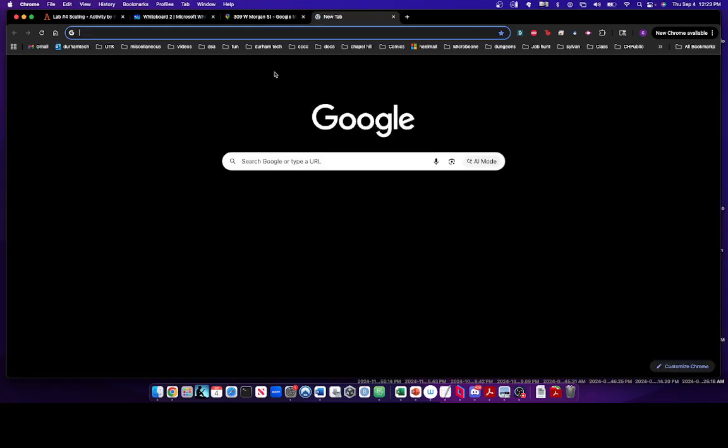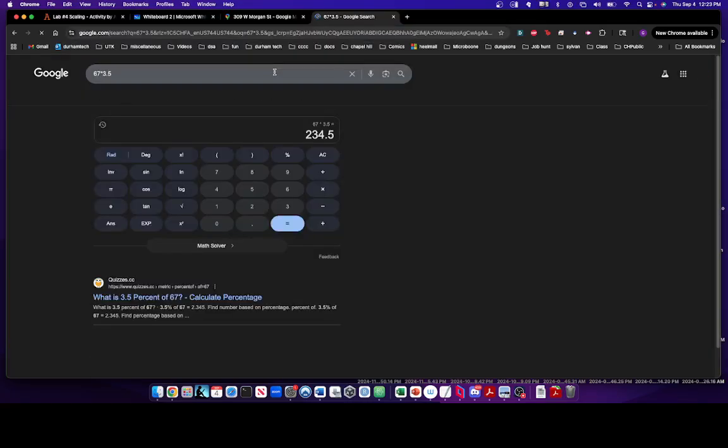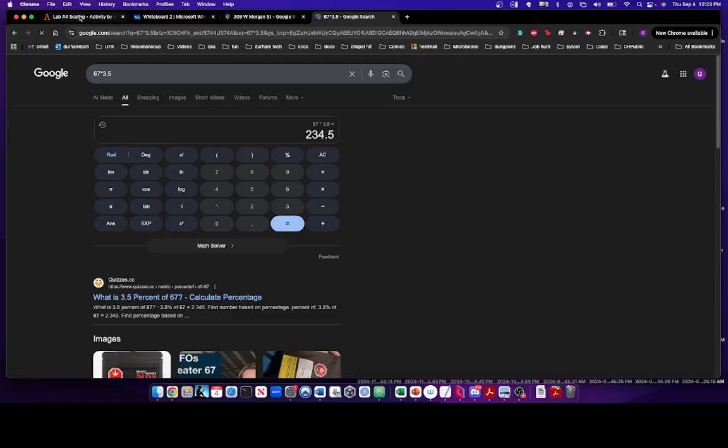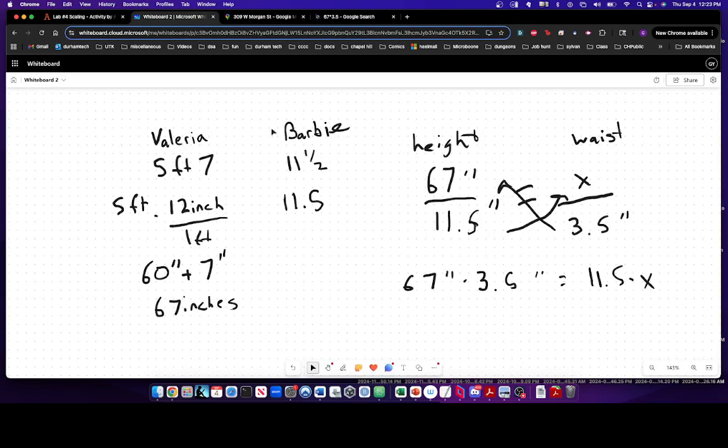We can get 67 times 3.5, and get 234.5, is equal to 11.5 times x. So then x is just a number, and if we have 11.5 times a number is equal to something, then we can divide both sides by 11.5 and solve for that number.